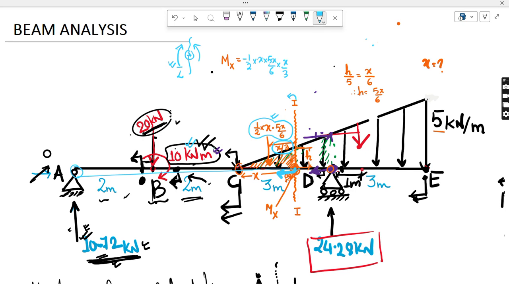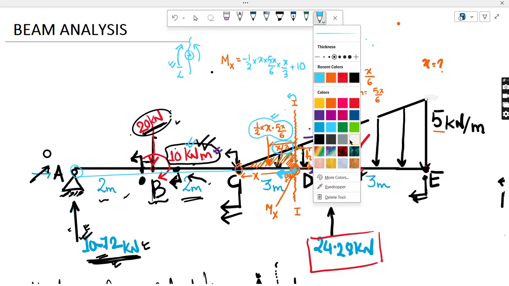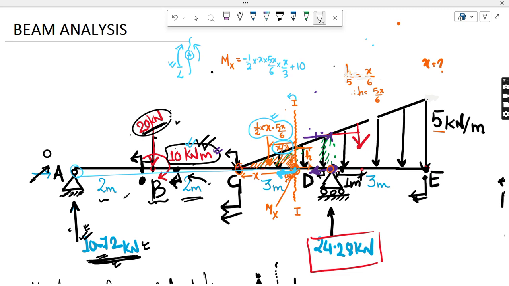Now this is a 10 kilonewton meter couple, so this is only positive 10. Let me leave it for now. This 20 is also giving a moment, but it's negative again: minus 20 into the distance from this 20 all the way to this section, which is 2 plus x.